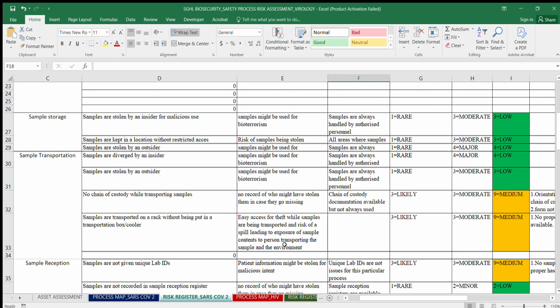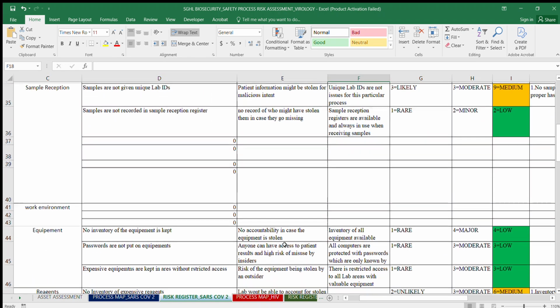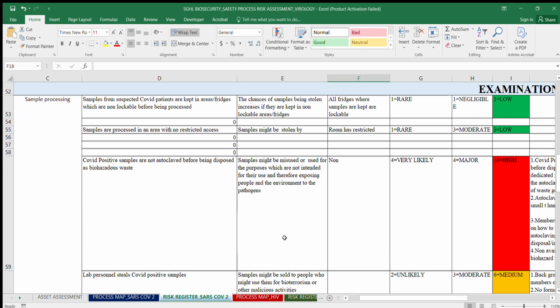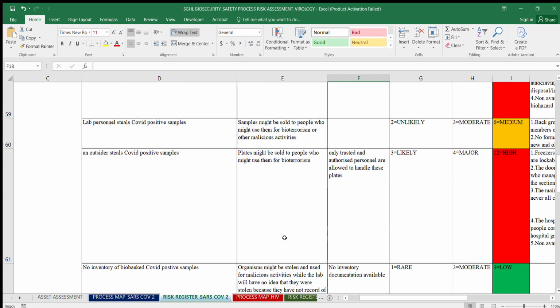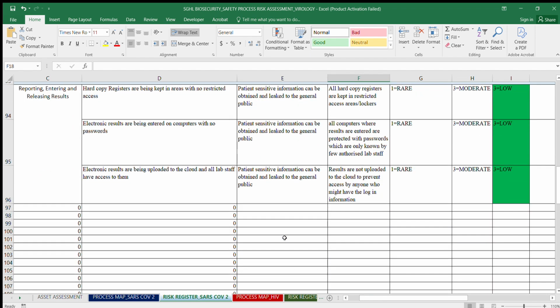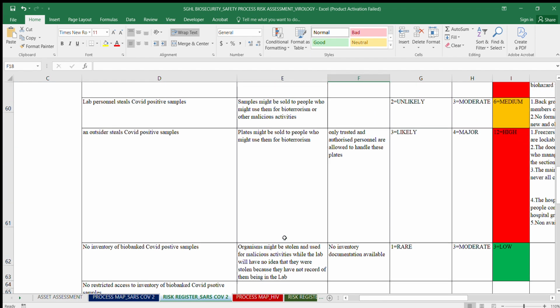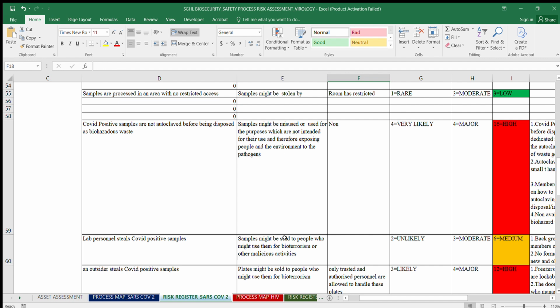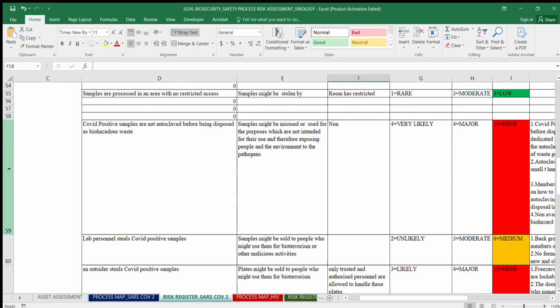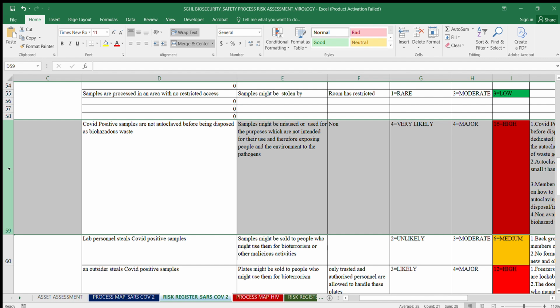So now let's look at one of the risks, which we will follow up to the end, so that we see how the risks will fall. Let's pick one. This is in the sample processing phase.